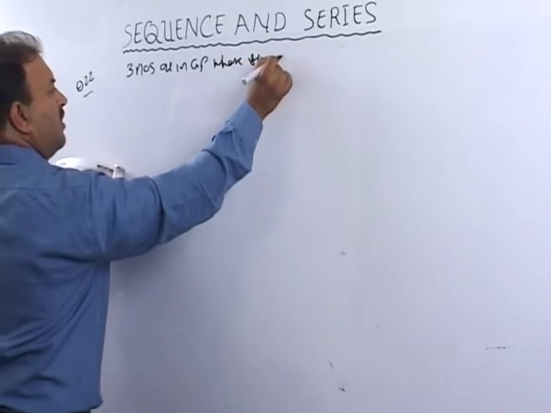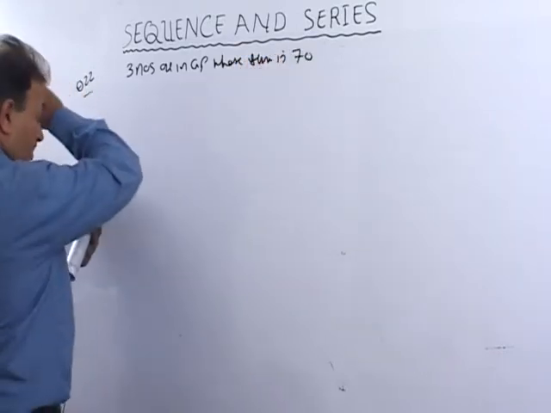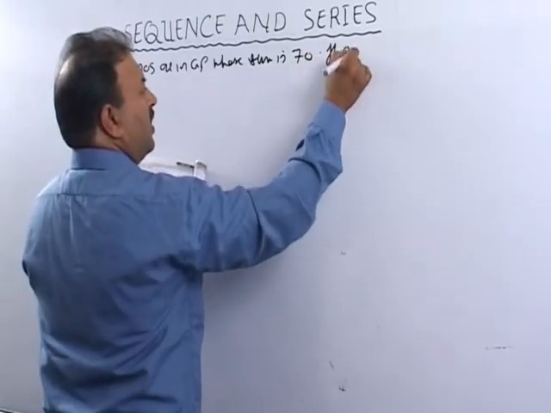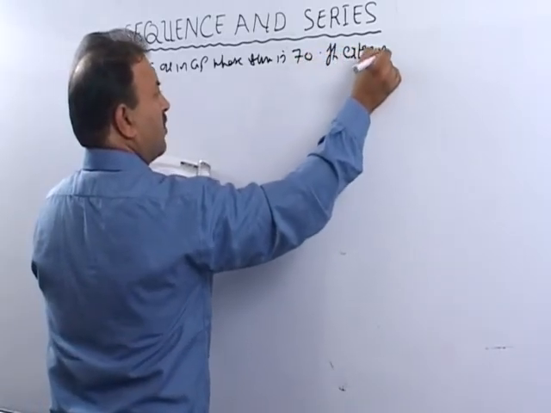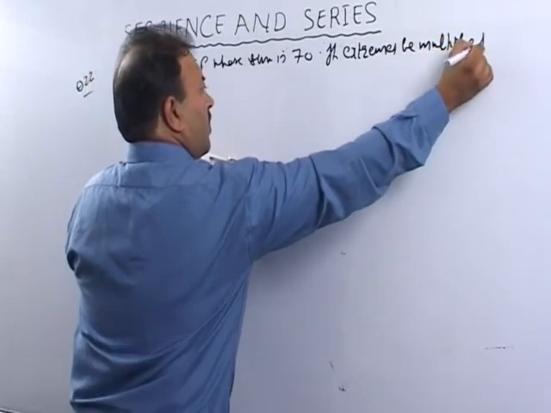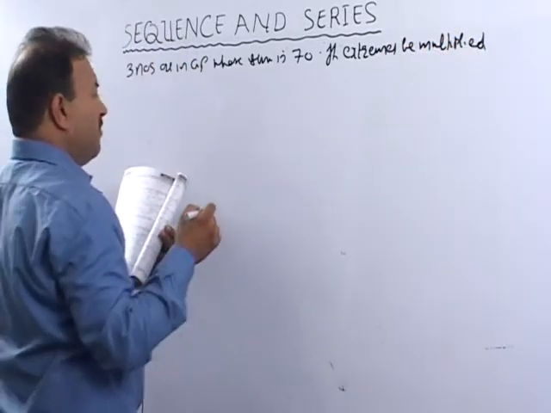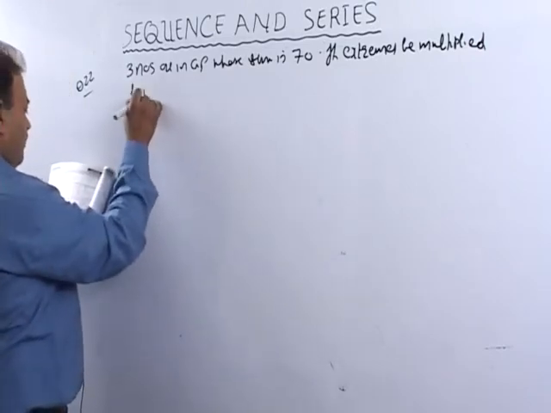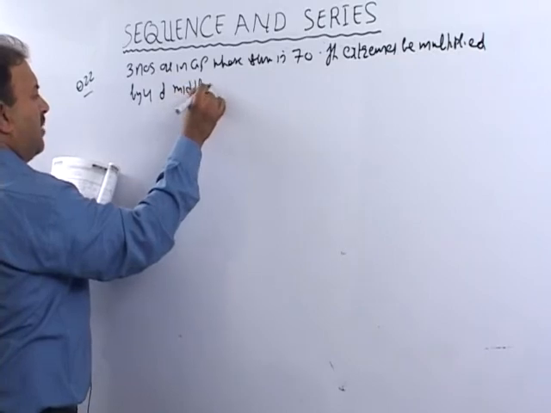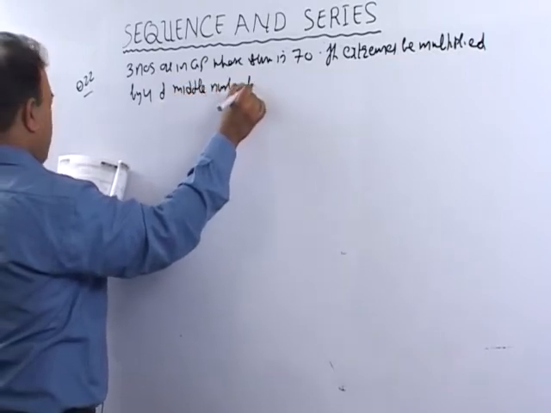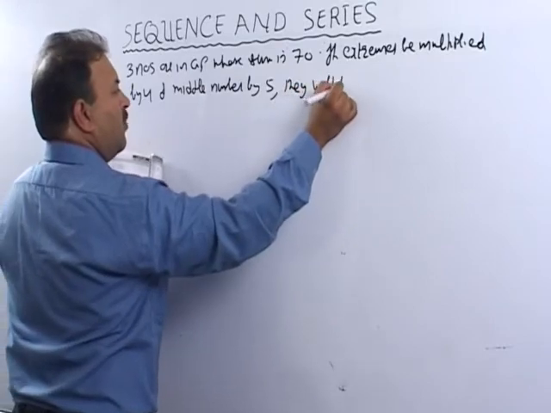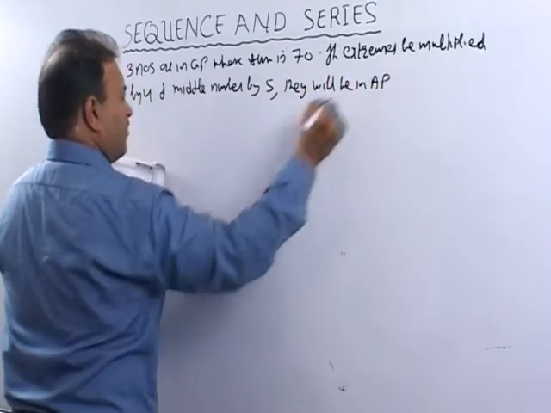If the extremes are multiplied by 4 and the middle number by 5, they will be in AP.